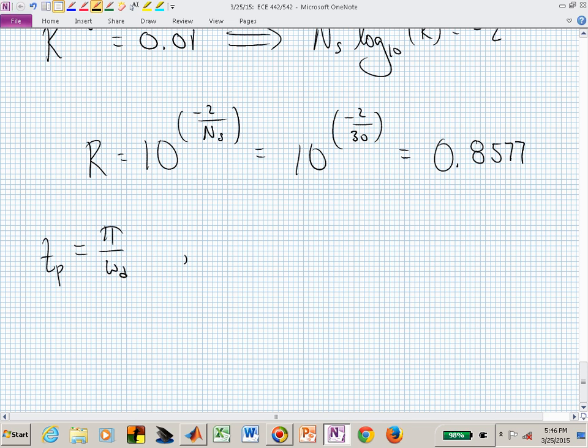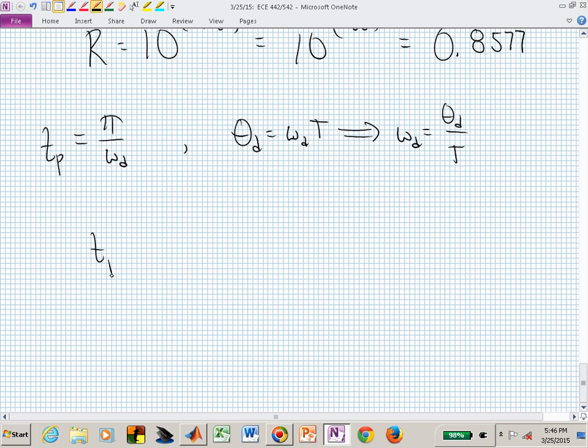This is going to give us theta sub d, and theta sub d is related to omega sub d. Theta sub d is this omega sub d T. Putting those together, we now have time to peak as pi over omega sub d, or that's pi T over theta sub d.